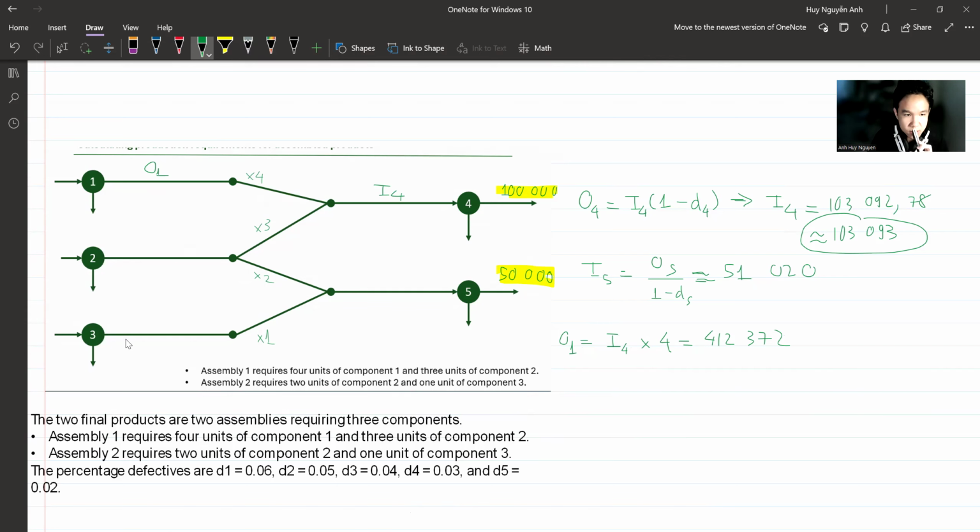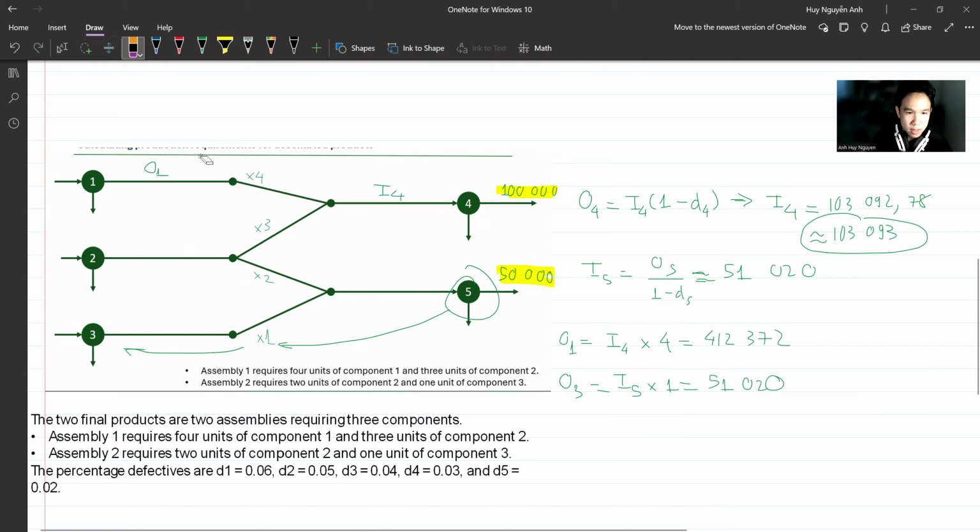And the same thing goes for O3. To have one product 5, you need one component 3, so this is very straightforward. You can have I5 multiplied by 1. Now, the tricky part here is how do we deal with number 2?